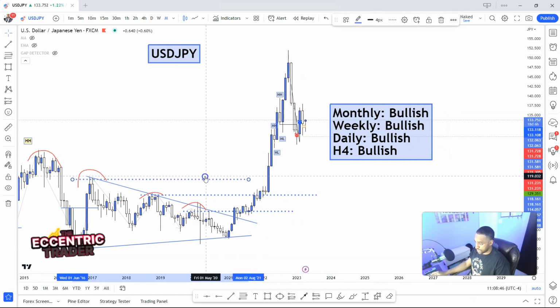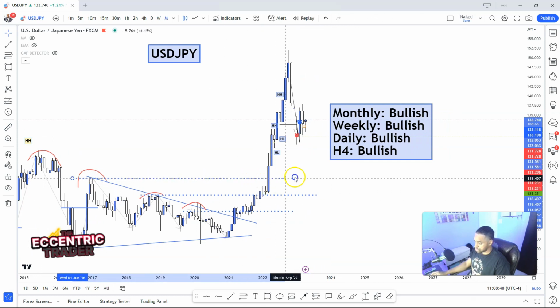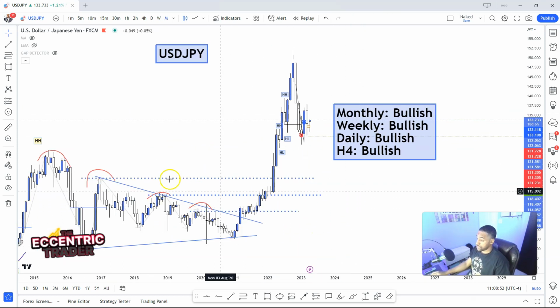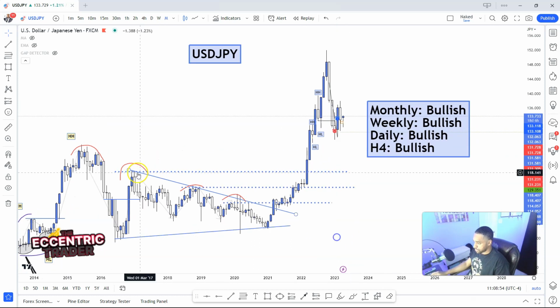Since we have this triangle, you can draw 3 horizontal lines like this, where those highs are, or you can draw one at the top and just figure out, all right, I need price to break here, here, and here. Or if you want to be very conservative, you can look for this to be the break.